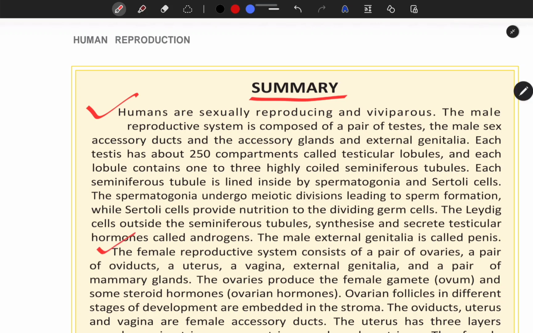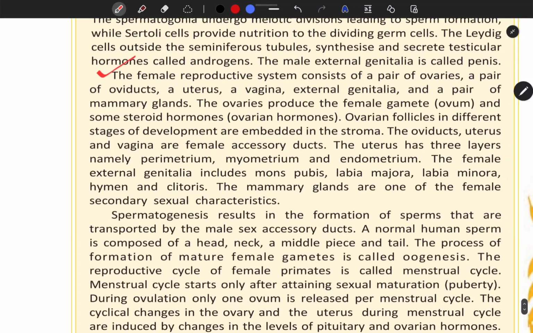The female reproductive system consists of a pair of ovaries, a pair of oviducts, a uterus, a vagina, external genitalia, and a pair of mammary glands. The ovaries produce the female gamete, that is the ovum, and some steroid hormones, that is ovarian hormones. Ovarian follicles in different stages of development are embedded in the stroma.